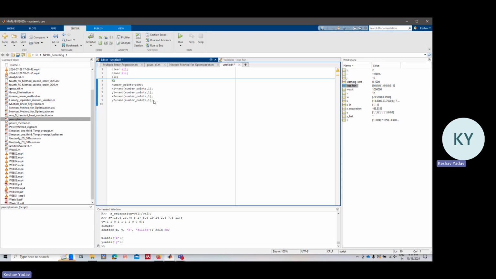Now what I will do, these points, x1 and y1, are between 0 to 1. This x2, y2 is also between 0 to 1. Suppose I take shift equal to 2.